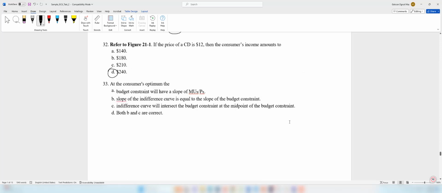At the consumer's optimum, and this is an important point you need to know, this is the budget constraint and this is the indifference curve. As you see, this intersection is the optimum point. And at that intersection, the slope of the indifference curve is equal to the slope of the budget constraint.